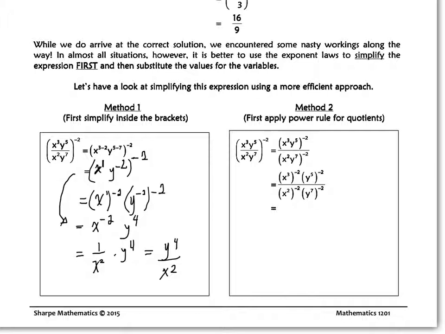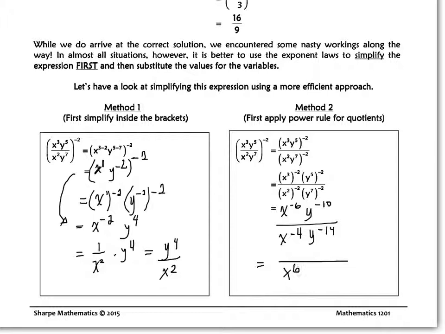Then you would have to use your power of a power rule, so that would be multiply the exponents: x to the negative 6, y to the negative 10, and this would be x to the negative 4, y to the negative 14. Now there is no addition or subtraction between the terms there, so I would just take anything that's a negative exponent in the top and put it down below.